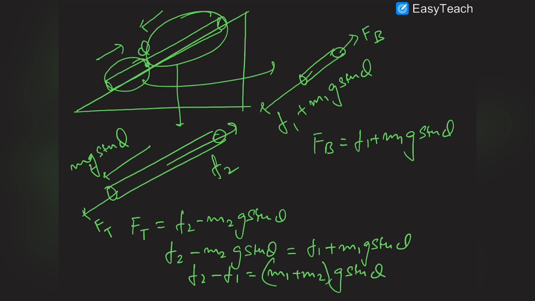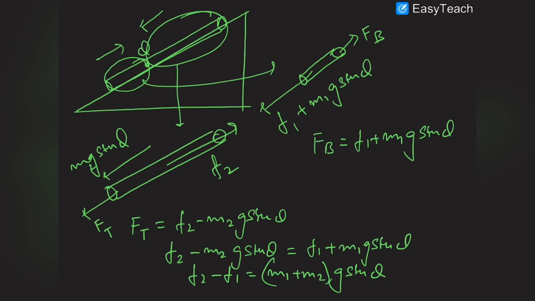Okay, and now F2 minus F1. F2 is the friction acting on the upper part, so the length of this part will be L minus x, and minus x is the length of the bottom part.